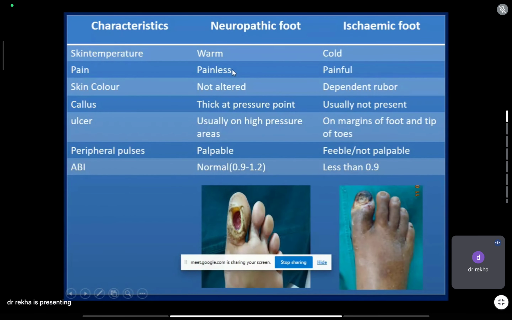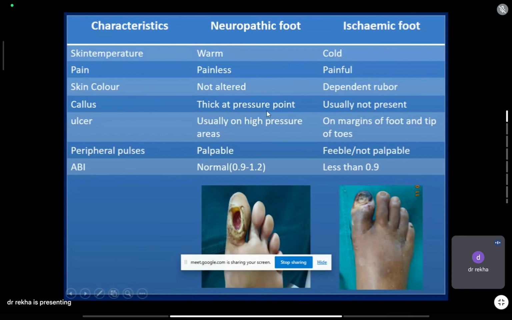Neuropathic is painless, and ischemic is painful because there is no supply. Skin coloration: generally in neuropathic there is no skin coloration, and the ulcer occurs at the high pressure area.